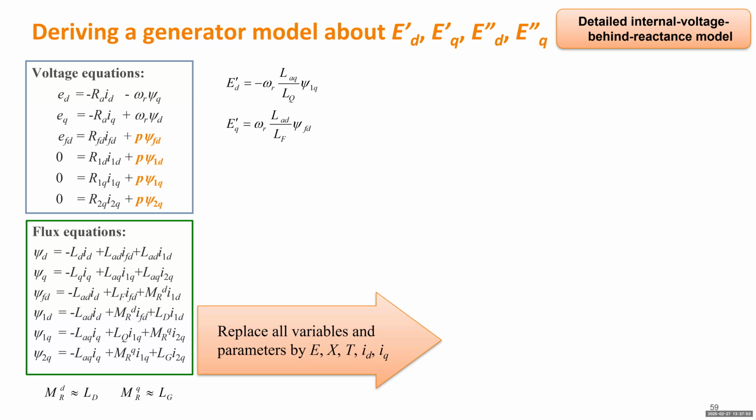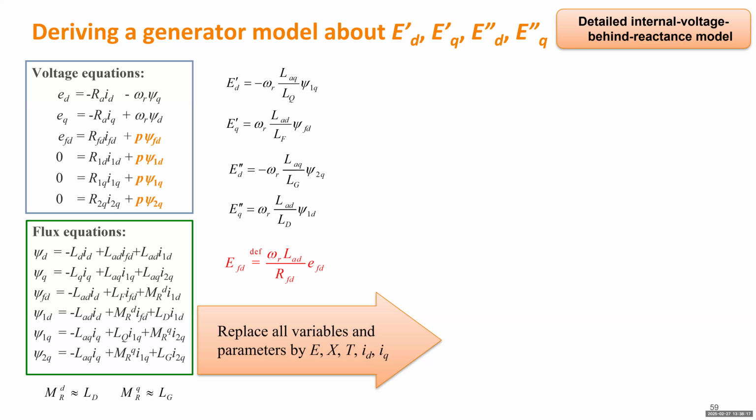Those two are proved from the previous slides. That is the guidance to replace psi Q and psi D by the ED and EQ single prime. And those two are also proved from earlier slides. We are going to replace psi 2Q and psi 1D. We also want to make another assumption.